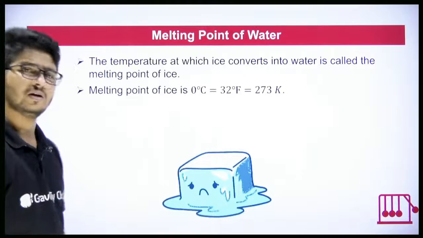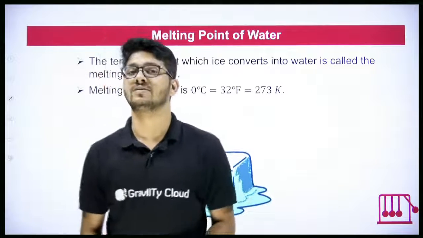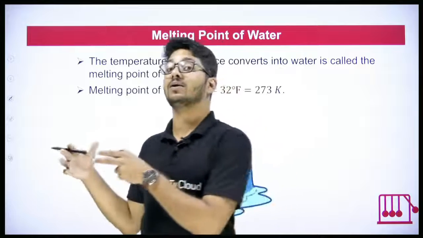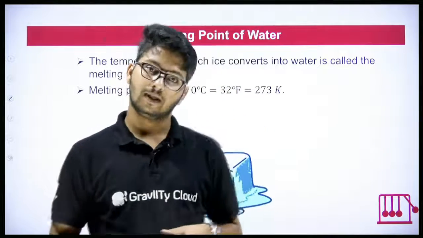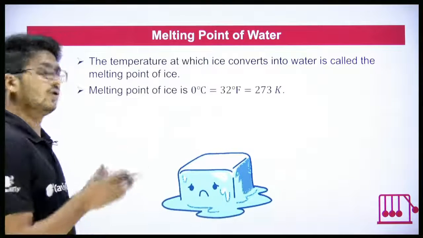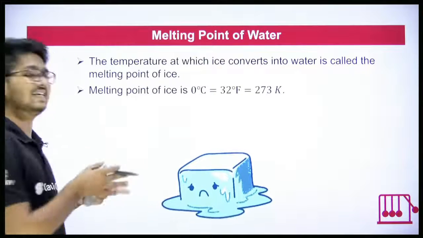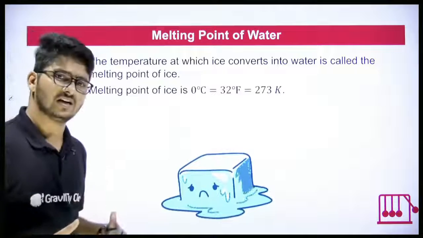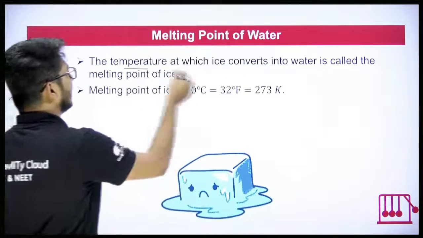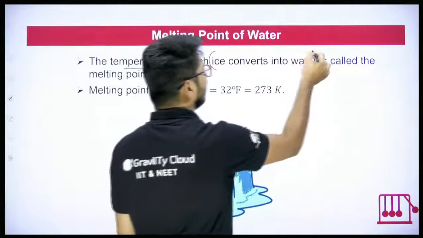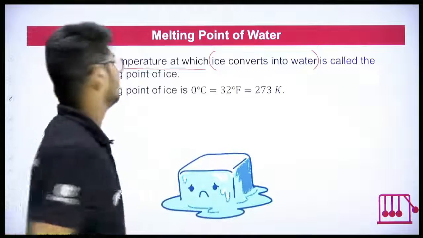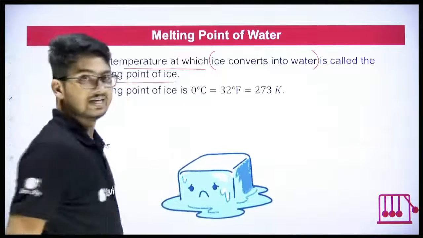So similarly, you have something called melting point. What is melting point? We say that ice melts. What happens when ice melts? Ice will be converted to water. Yes or no? So when we say melting point or the phenomenon of melting, we are talking about conversion of ice into water. Generally speaking, solid into liquid. So the temperature at which ice converts into water is called the melting point of ice.